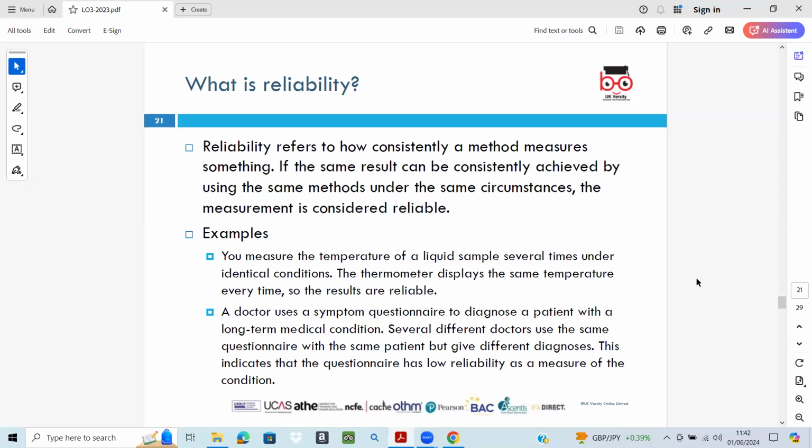Each time you conduct the measurement, the thermometer shows the exact same temperature reading. So in this scenario, the measurement is considered reliable because it is consistent and yields the same result under the same circumstances.